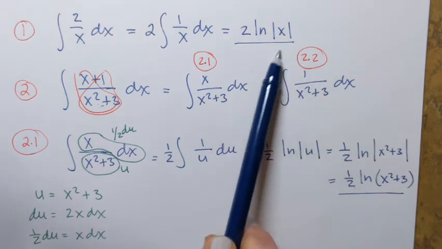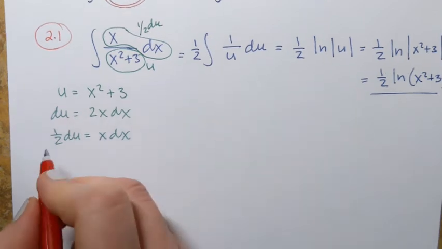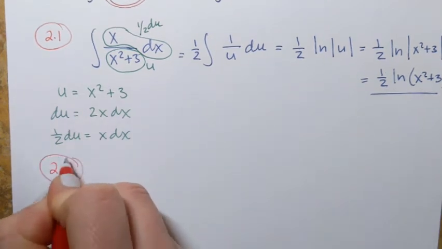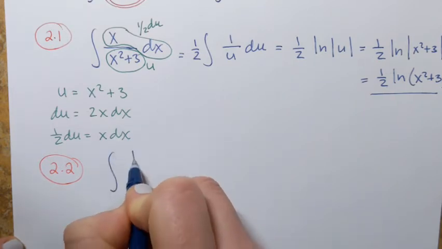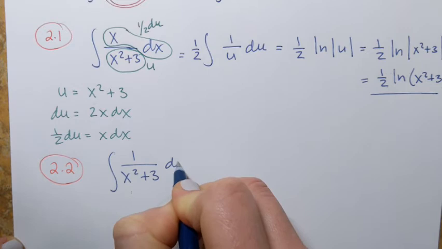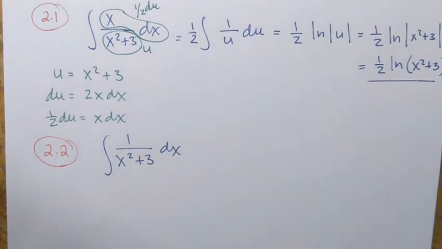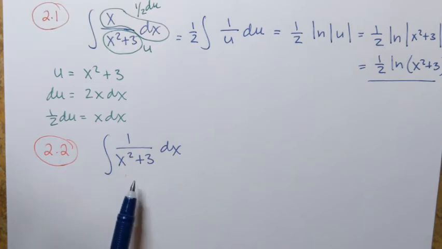Now we have the second piece, 2.2, which is the integral of 1 over x squared plus 3 dx. When I look at this integral, I realize that I cannot do the basic substitution rule here. Integration by parts would not work, things would only get more and more complicated with that.